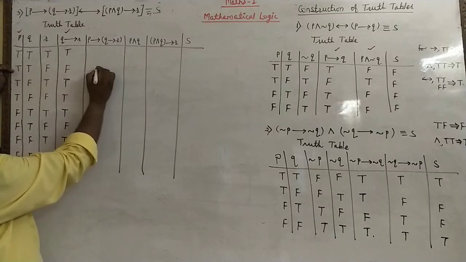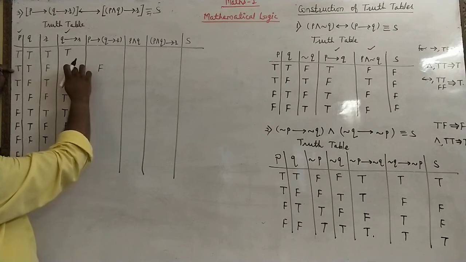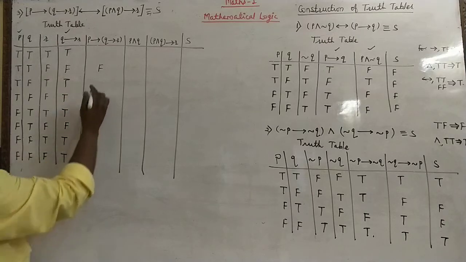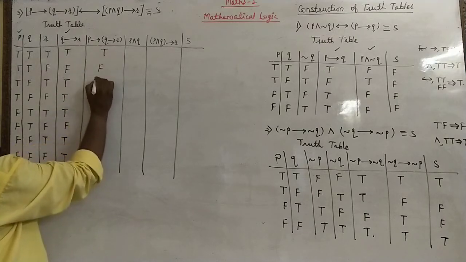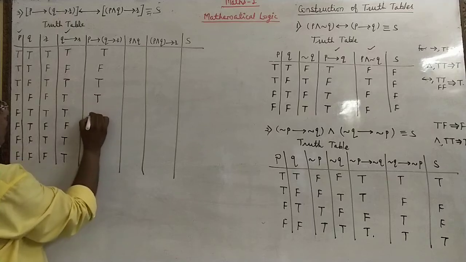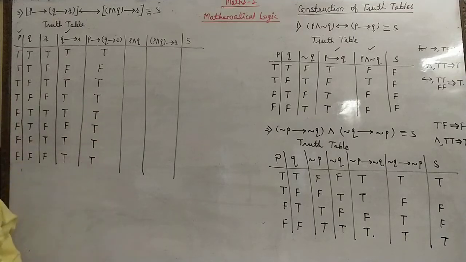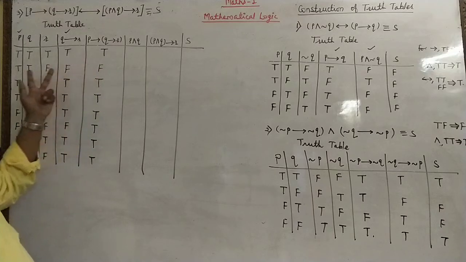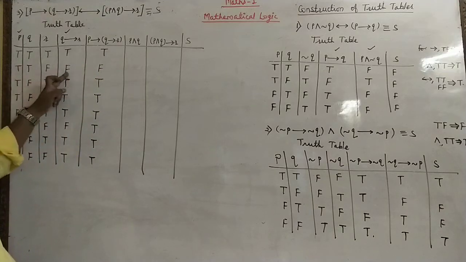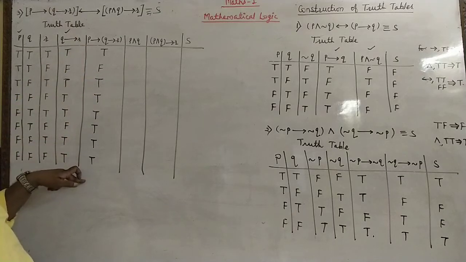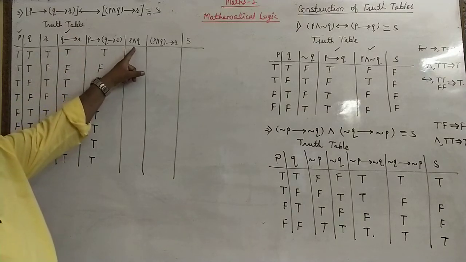This condition is satisfied in the second case, therefore this is false. Elsewhere this condition is not satisfied, so all remaining are true. Only one is false here, and the remaining are true.